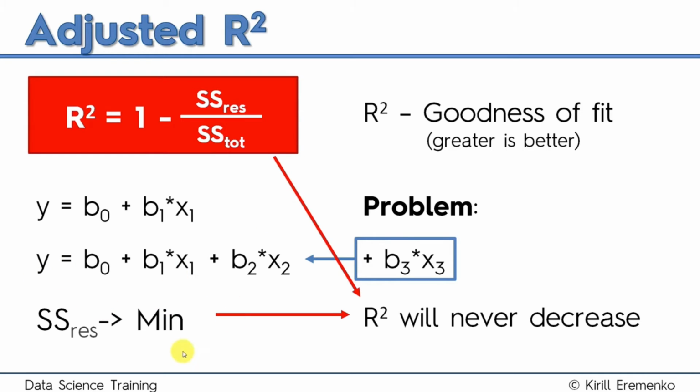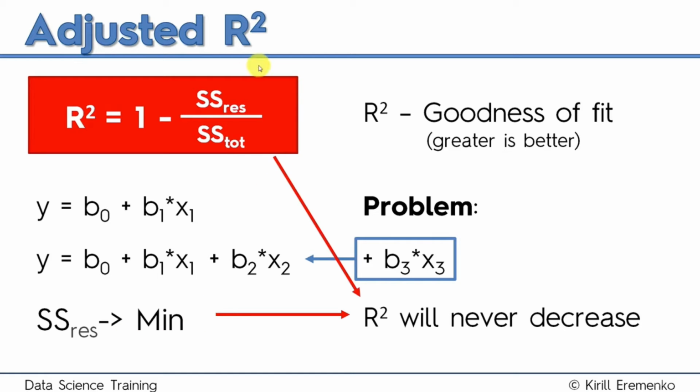And since we're trying to minimize the sum of squares of residuals, what that means is that this new variable will help minimize the sum of squares of residuals; somehow the regression process will find a way to give it a coefficient that will help minimize the sum of squares of residuals.